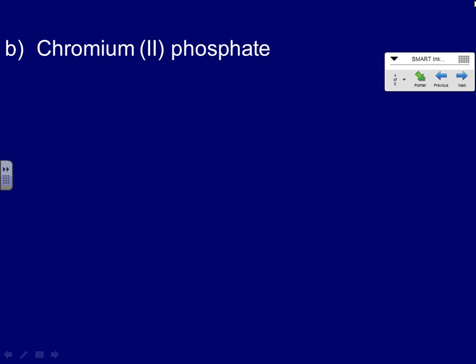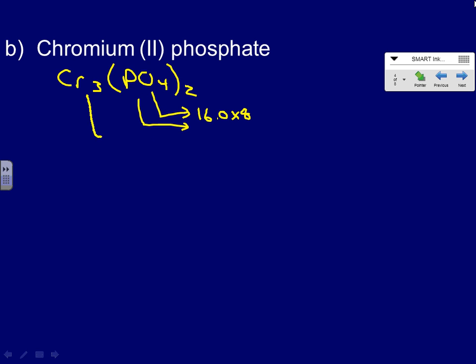Jory thinks she does. I can tell by the look on her face. Cr3 (PO4)2. Excellent. So we've got a lot of atoms in this thing. And I don't normally use a phosphorus. 31.0.